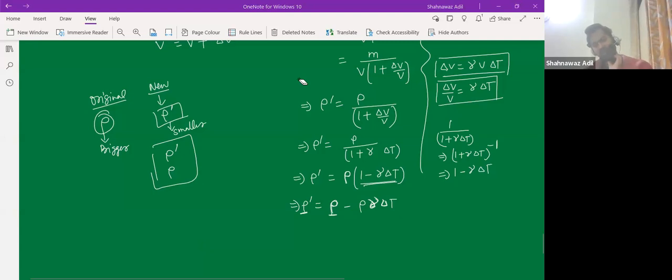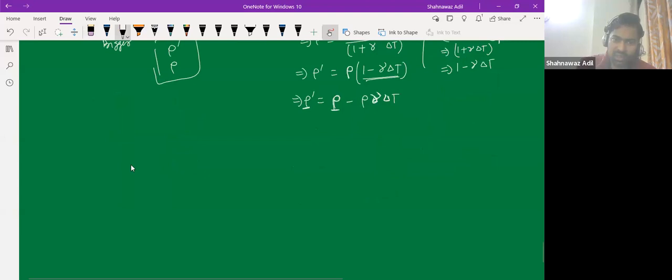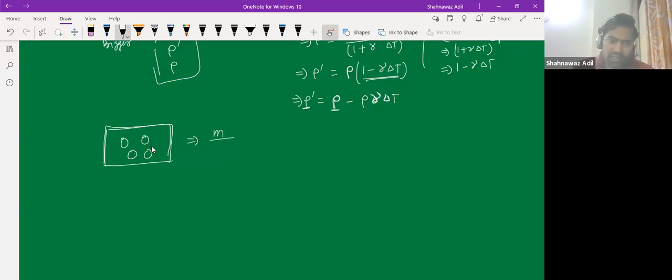Decreasing. Okay, so let's say I have a container and four particles are there in this container. So my density is how much? Whatever the mass of these four particles, divided by the volume of this container.